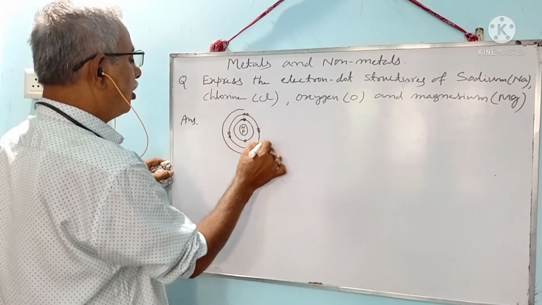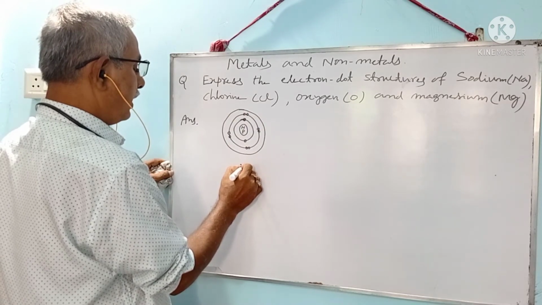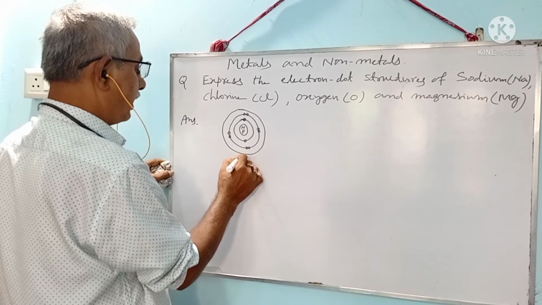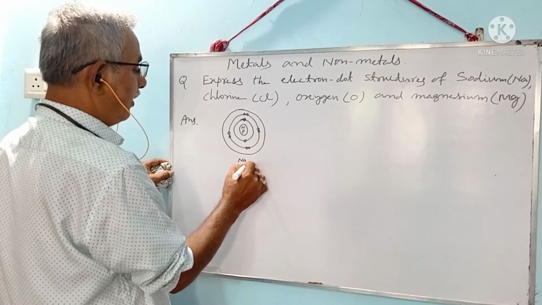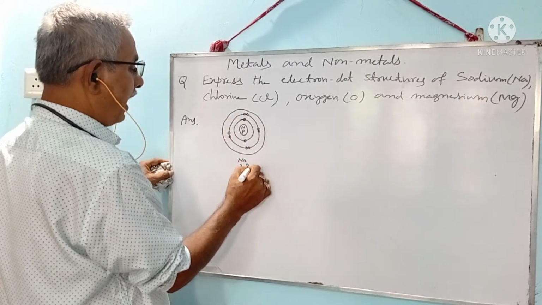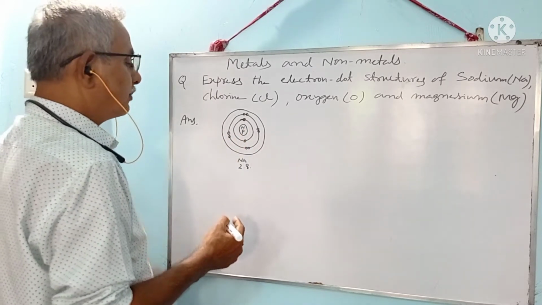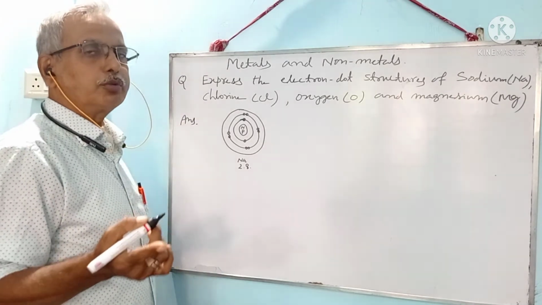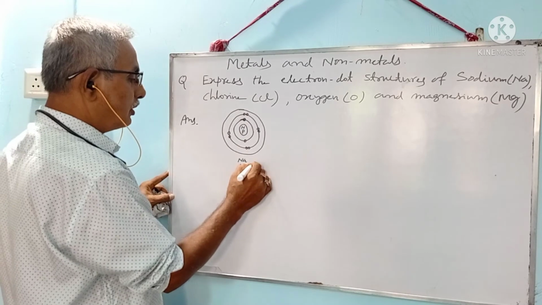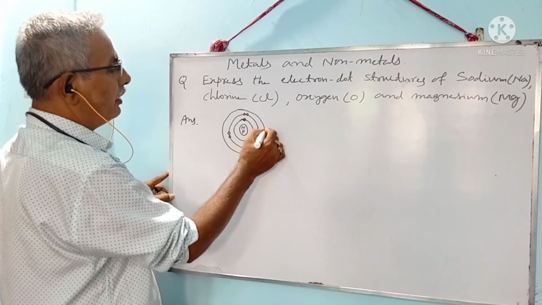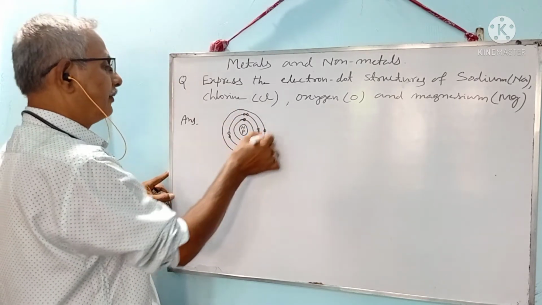Here it is sodium, so I am writing Na. 2 electrons in the first orbit, 8 electrons in the second cell, and the remaining 1 electron, because the atomic number is 11, so the number of protons will be 11 and the number of electrons will be 11. Where will the last electron go? Here we are writing it in the outermost cell. Here you can write anywhere.